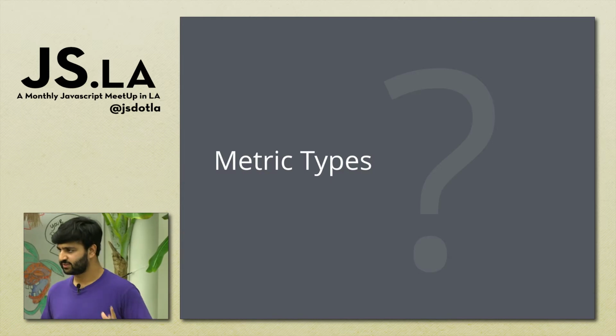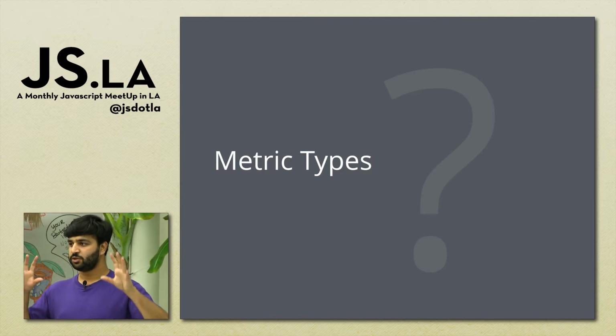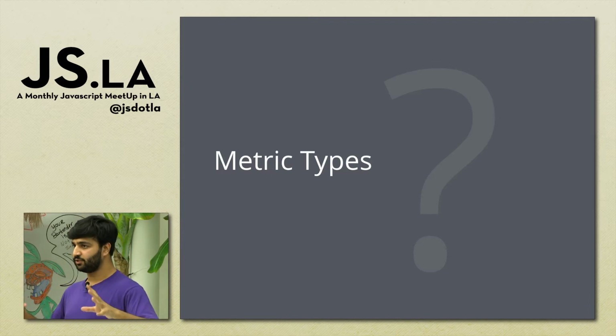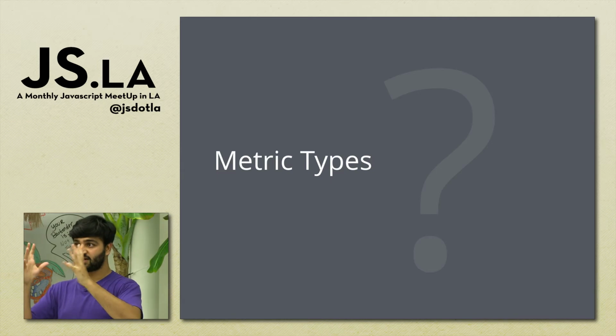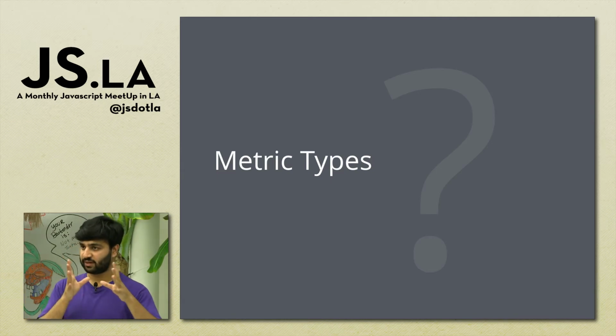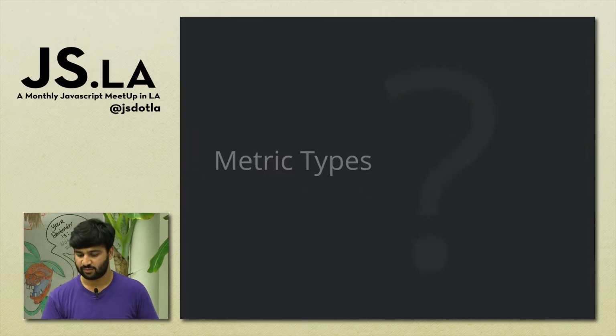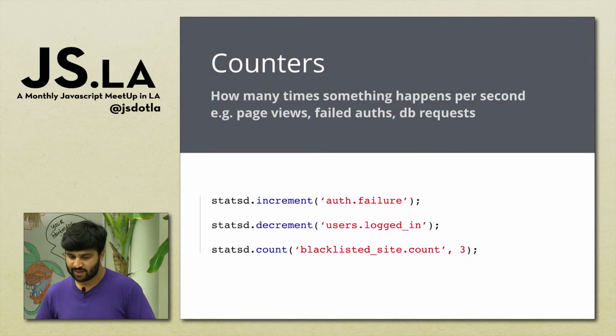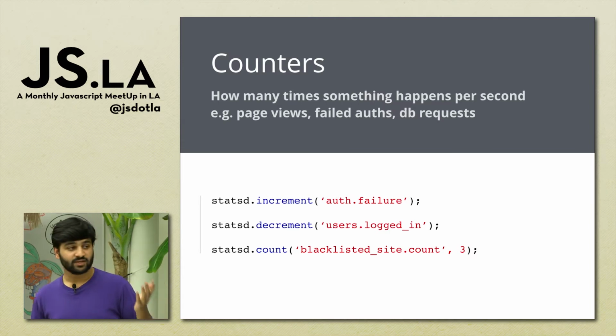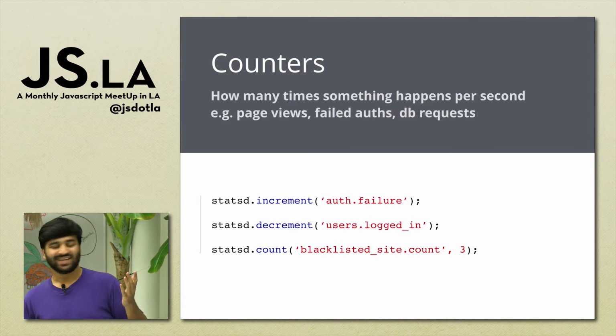So, StatsD metrics. There are basically a few primitives that you can use, and you build the bigger things that you want to collect out of these really small primitive metric types. The first metric type is a counter, and if you want to count something, a counter is a good thing to use.